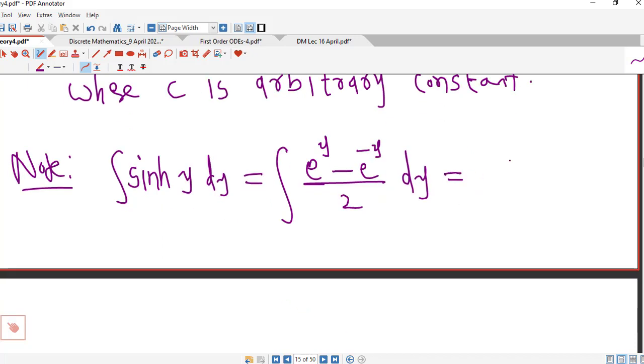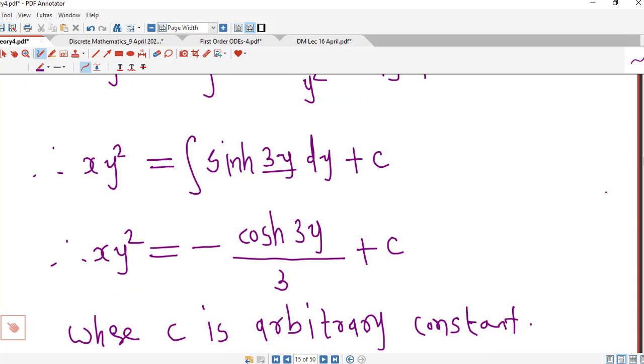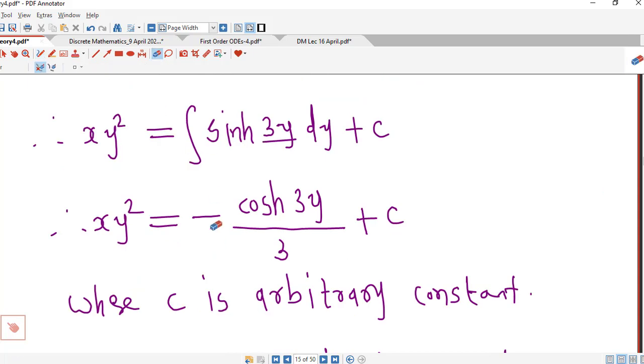So we have the integral of e raised to y is e raised to y, minus the integral of e raised to minus y, which is e raised to minus y divided by minus 1, that is e raised to minus y. This 1 by 2 is a constant, so this is positive. Okay, fine. So here I have to replace this negative sign by a positive sign.